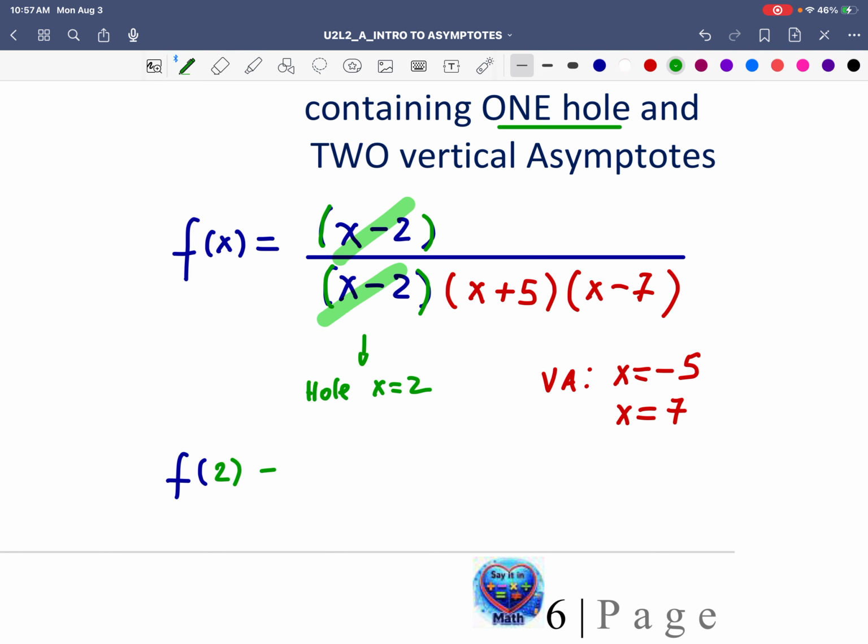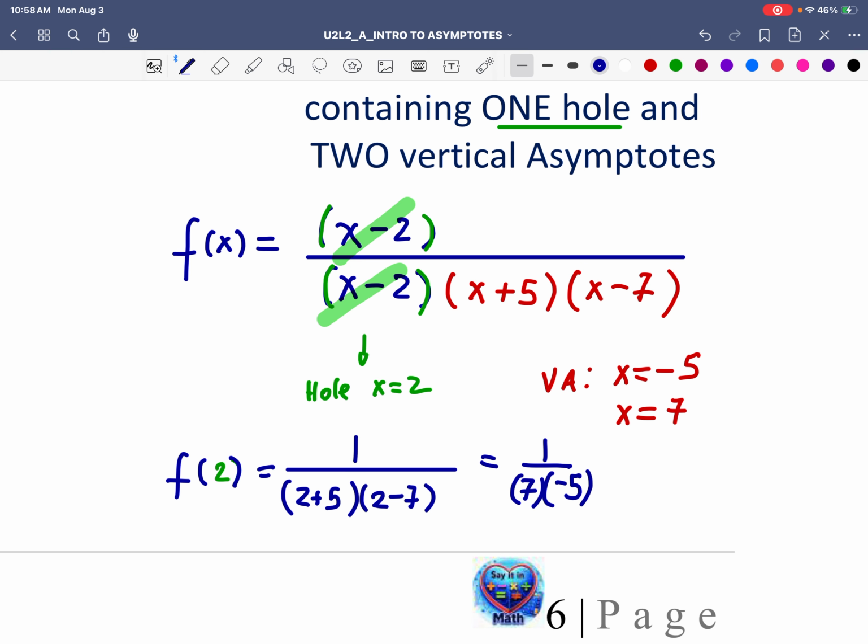So that would be equal to 1 over 2 plus 5 and then 2 minus 7. So 1 over 7 times negative 5, which is 1 over negative 35. So therefore, the hole will have the coordinates of 2 and negative 1 over 35.